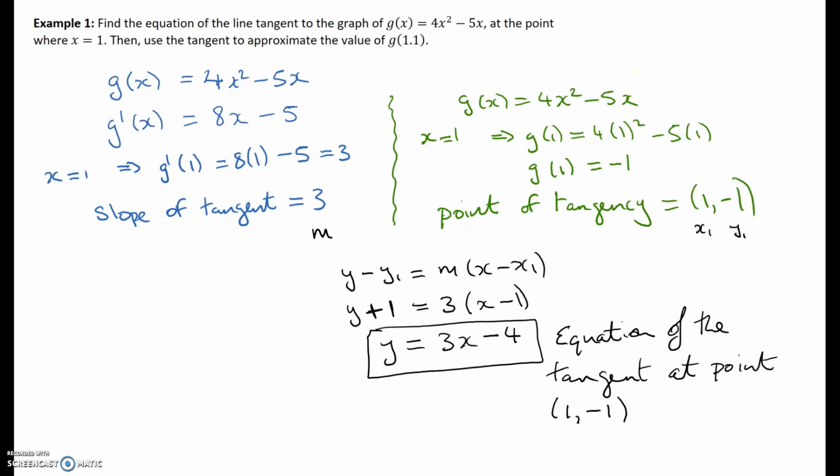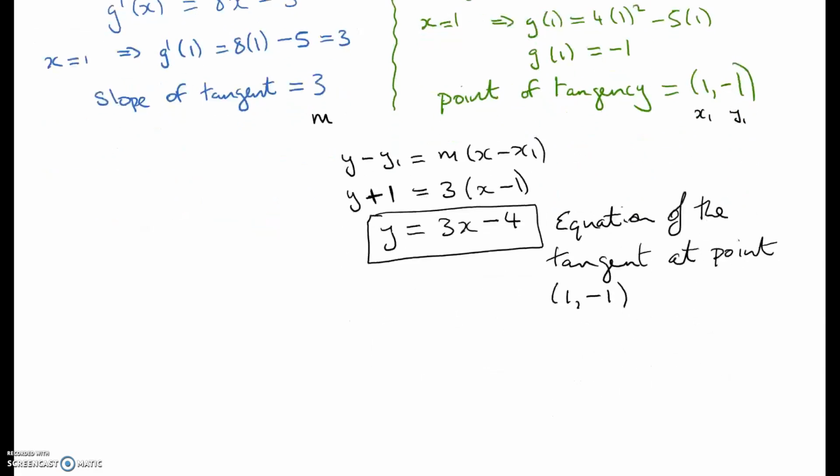Now the question, if we remember back, was to use the tangent to approximate the value of g of 1.1. We can do this because the original x, where we found the tangent, was 1, and 1.1 is very close to that. If you're going to use this and expect any kind of accuracy, you have to take a point that's close to the original point of tangency. The x value has to be close to the original x value. So we want to find it when x is 1.1, and all we do is substitute 1.1 in here.